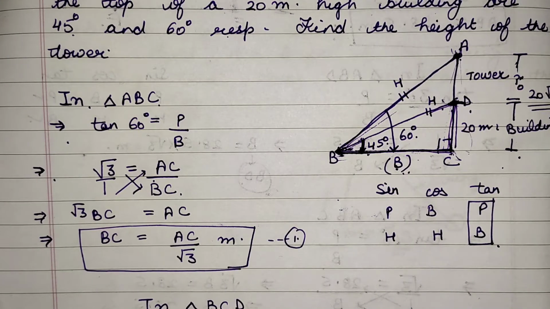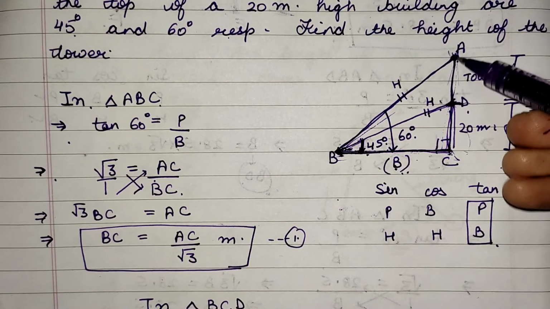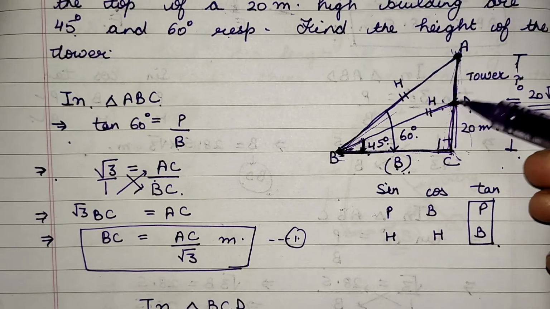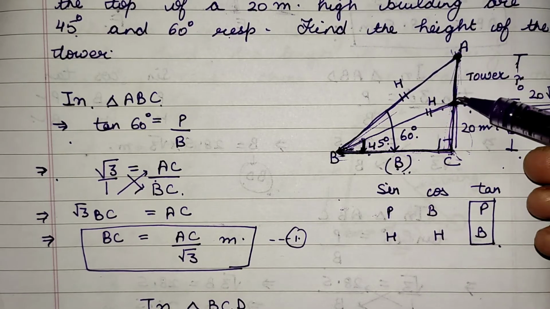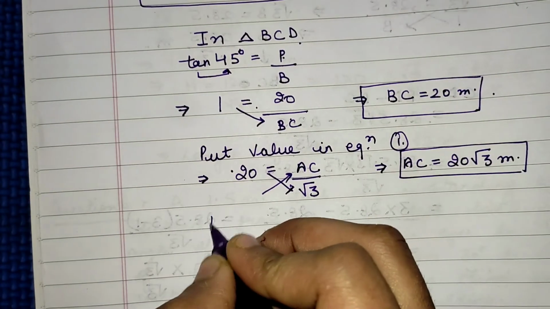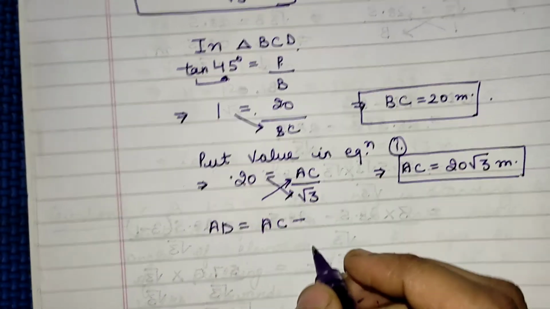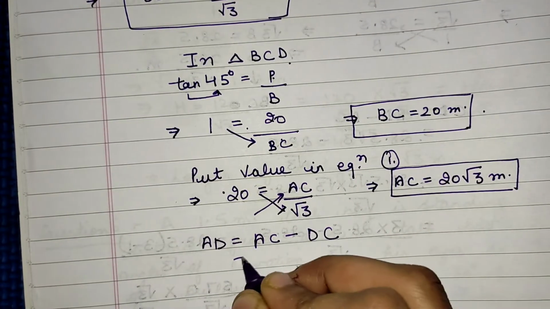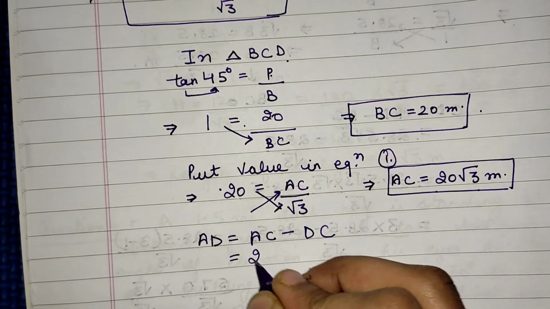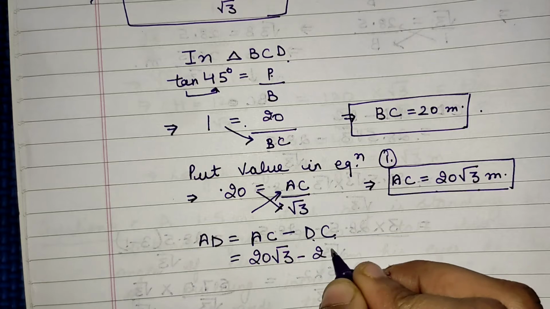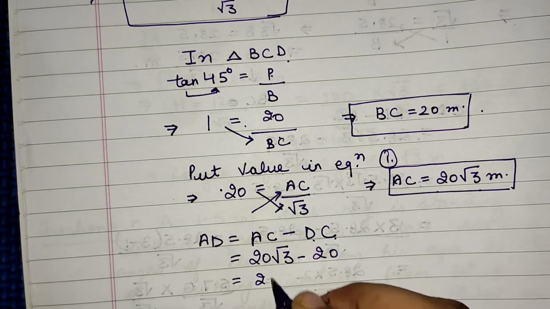But I want to calculate the height of this tower only. So the height of the tower will be given by AC minus DC. So I have to find out AD. AD is equal to AC minus DC. So AC is 20 root 3 minus DC, which is 20.